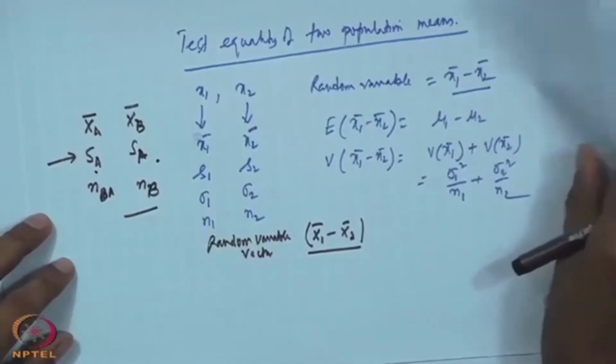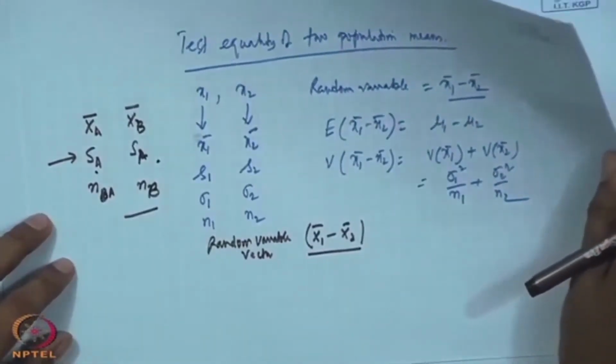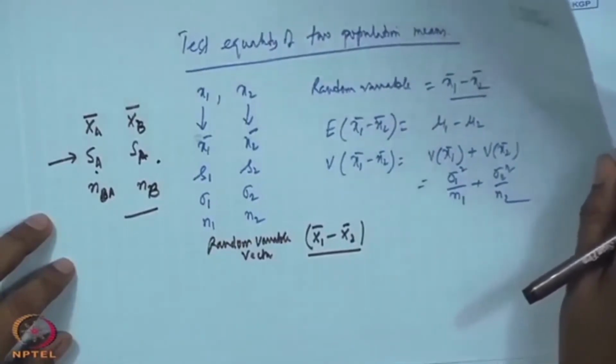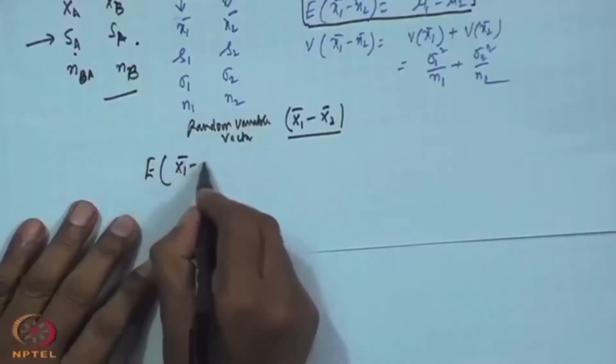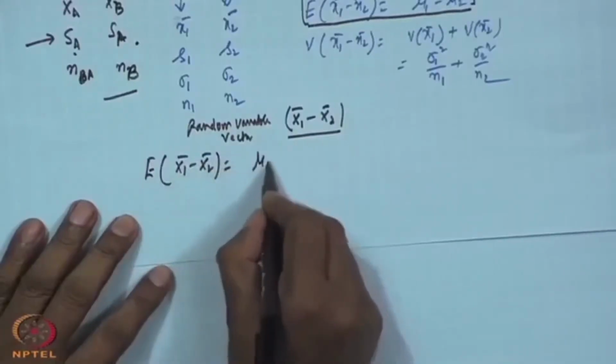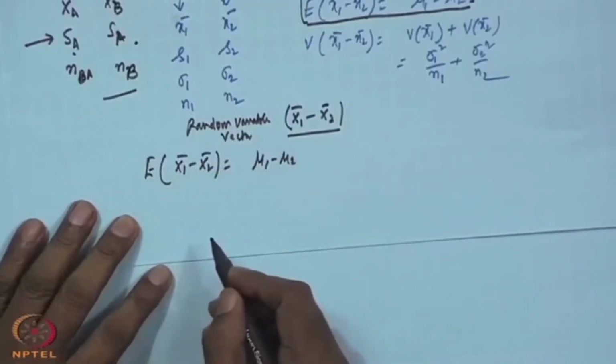I am asking you, find out the expected value of x1 bar minus x2 bar. What I said? Expected value will be this for univariate case. Multivariate case also will be the same thing, but only vector notation. So, the expected value of x1 bar minus x2 bar is nothing but mu 1 minus mu 2.